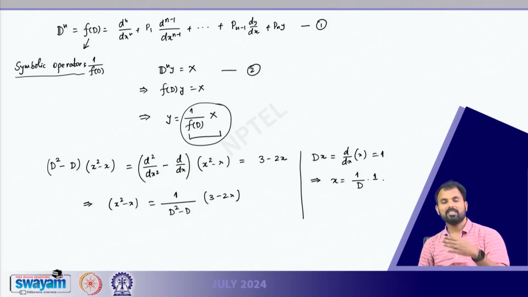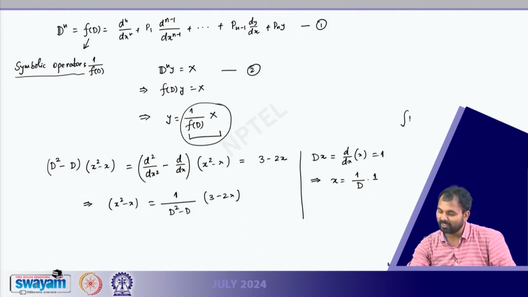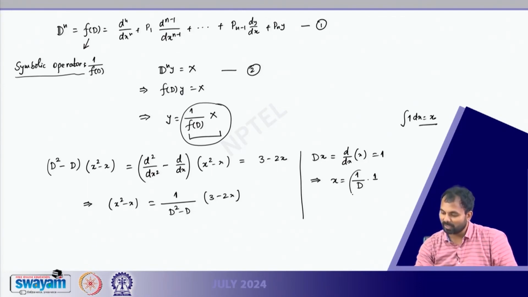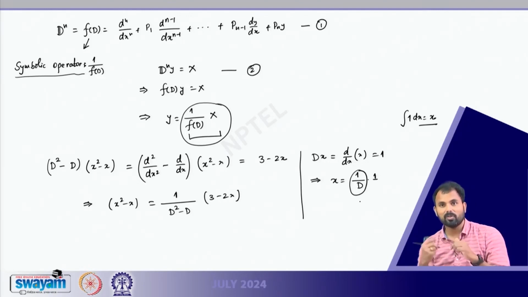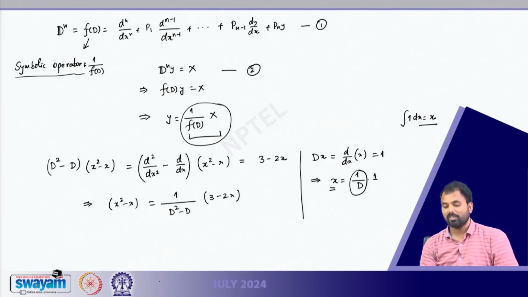So if D, that means d/dx, is the derivative, then 1 by D is basically the integral. Here you are doing the integral of 1, and that is what comes out to be x. So 1 by D can be visualized as an integral, and 1 by F(D) is sort of like an integral.